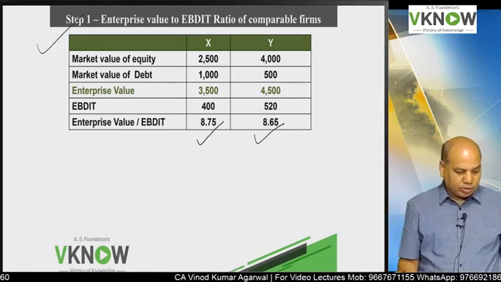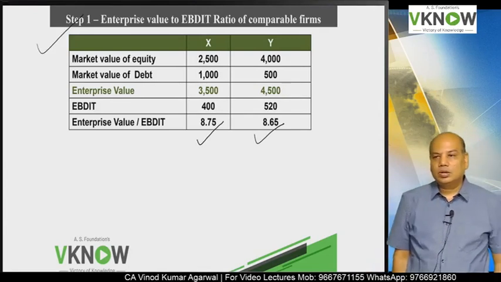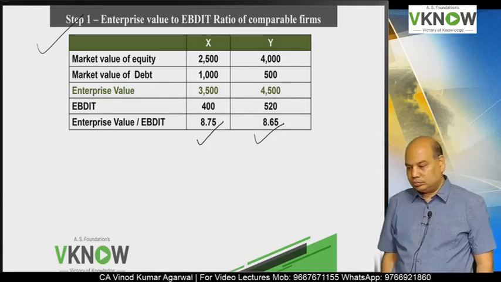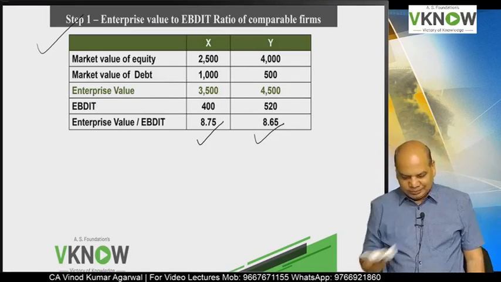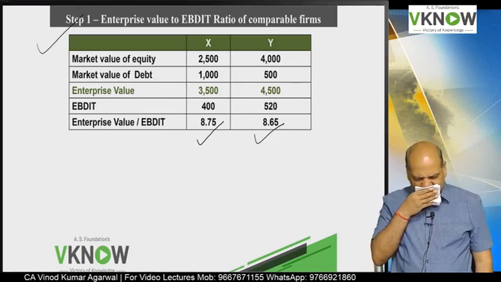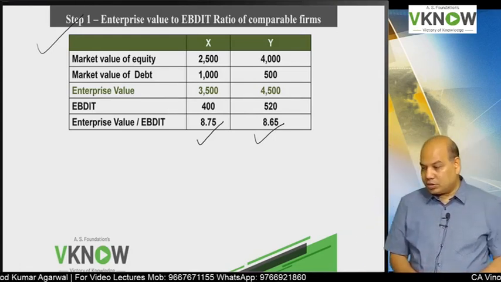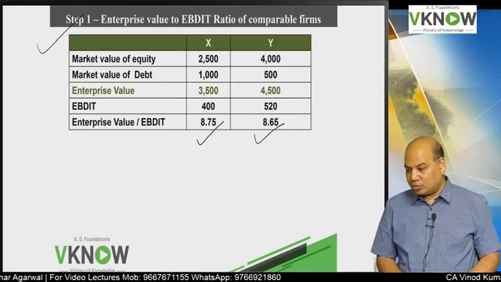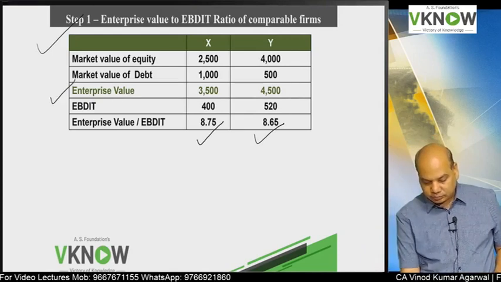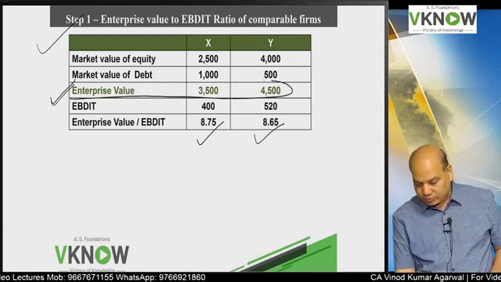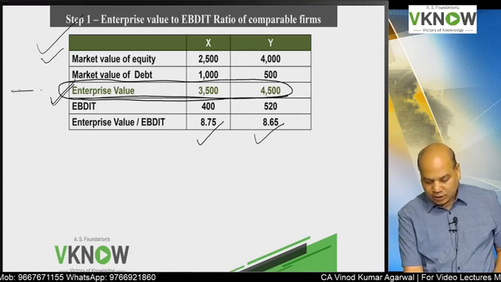Please write it down in the notebook: enterprise value to earning before depreciation, interest and tax ratio of comparable firms. You can start from here because it's already there in the problem. If it was not there in the problem, then you will start from here.